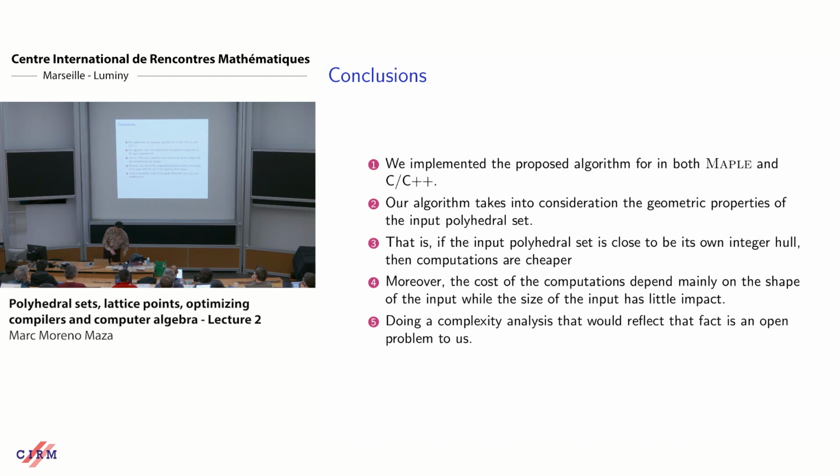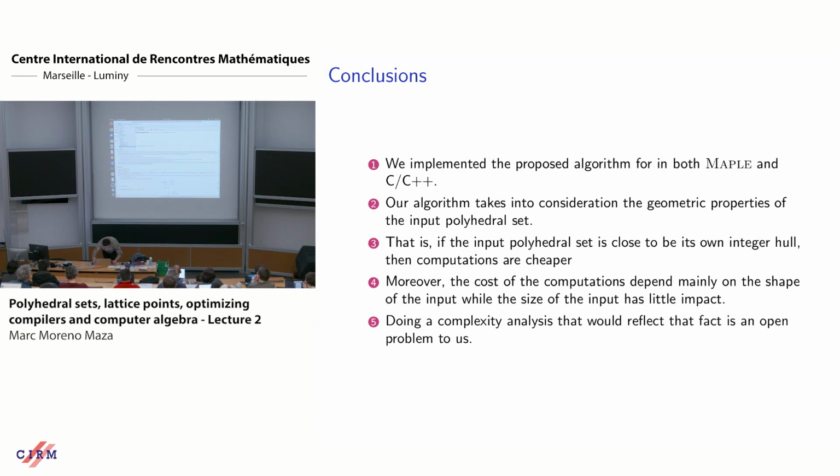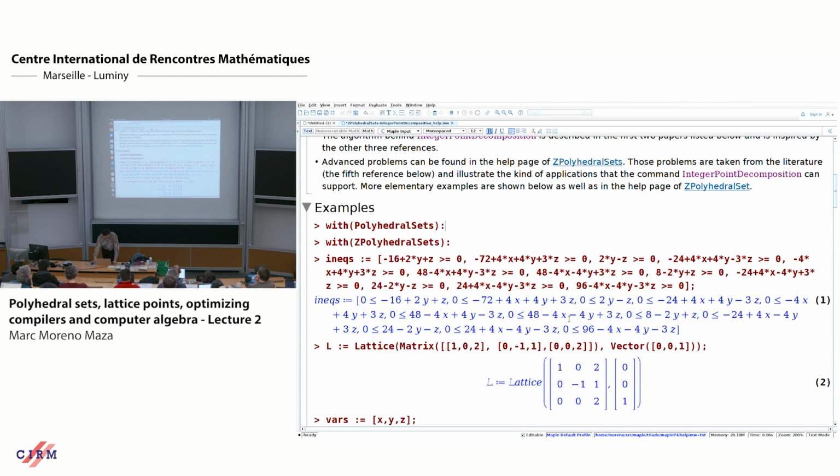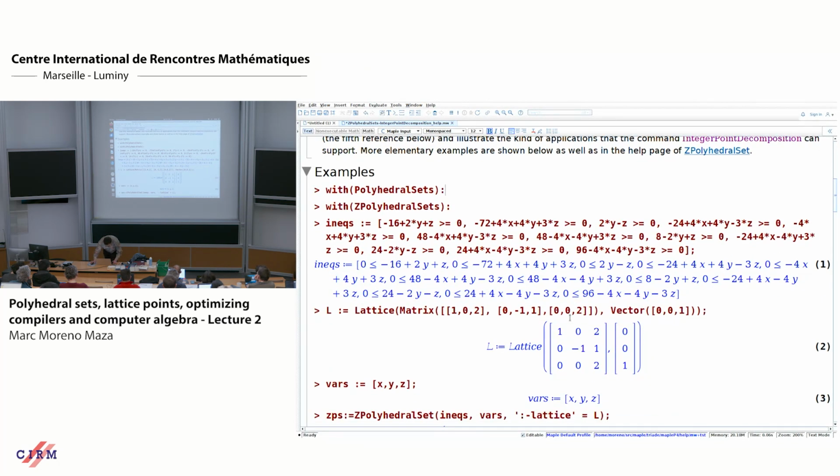Maybe I will show a little bit of Z-polyhedra. As we were discussing integer hulls, we mentioned Z-polyhedra. Just to remember them, since we are going to use them again when we do quantifier elimination.